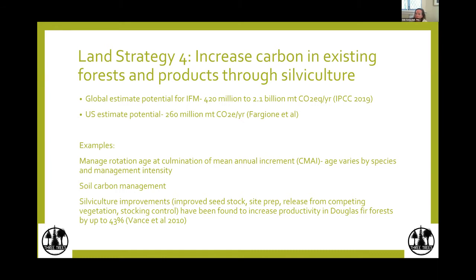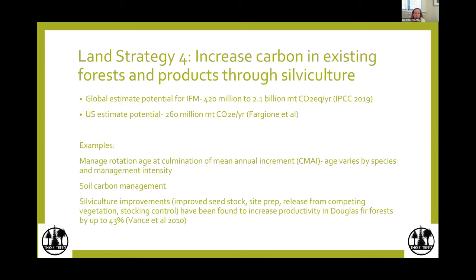For those of you who don't know what that means, it's basically the period where at any given time, you have added the next year of growth such that your total rotation carbon has now been increased.